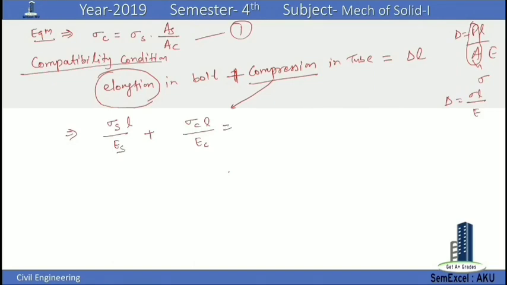Both will be equal to the amount by which the nut is turned, that is delta L. Note that this delta L is not pitch. This is the amount by which the nut is turned.